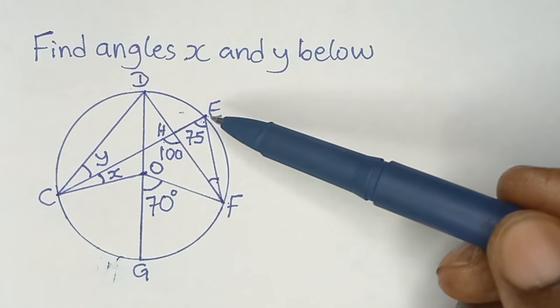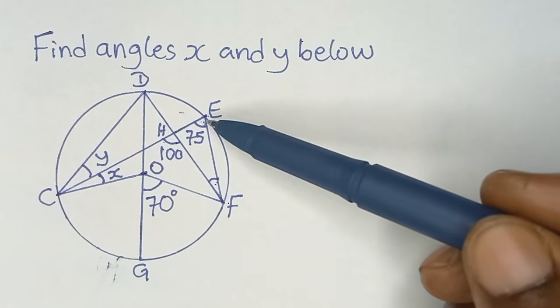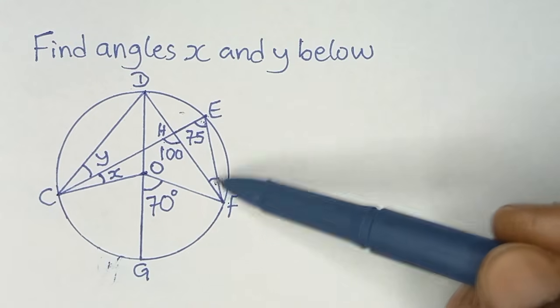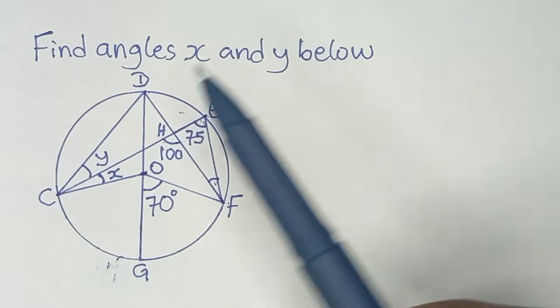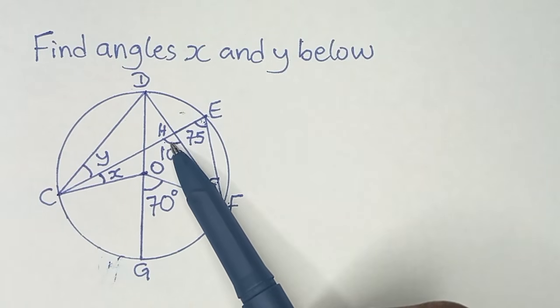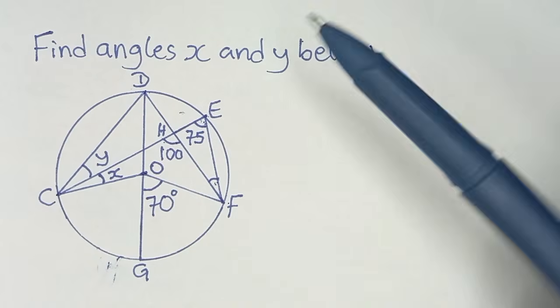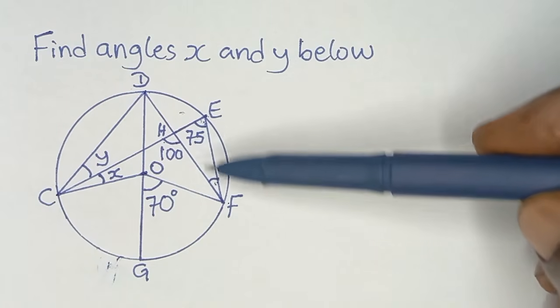So this 75-degree and the angle here together are the opposite interior angles of this exterior angle. The theorem to apply is that the exterior angle of a triangle is equal to the sum of the two opposite interior angles.